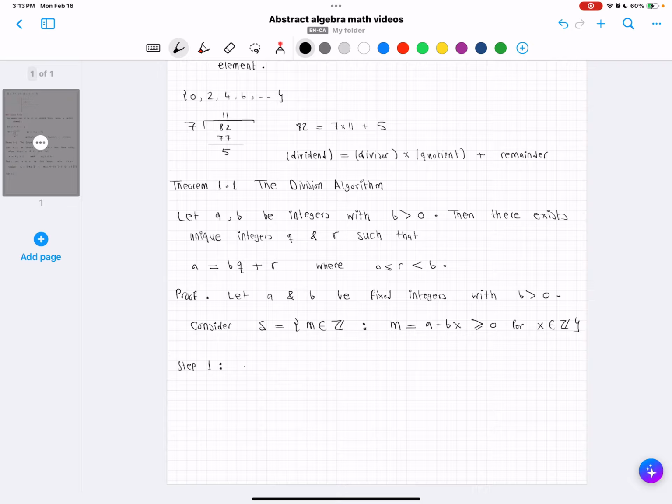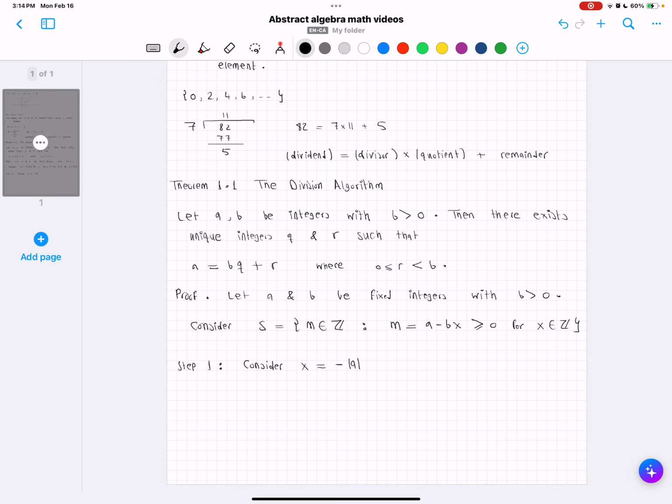So, consider x being equal to minus the absolute value of a.